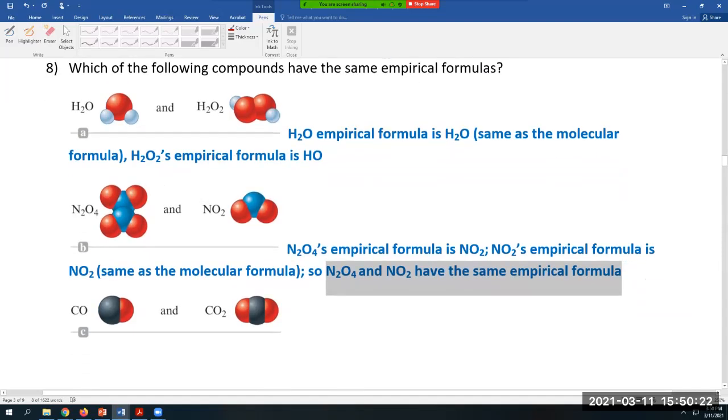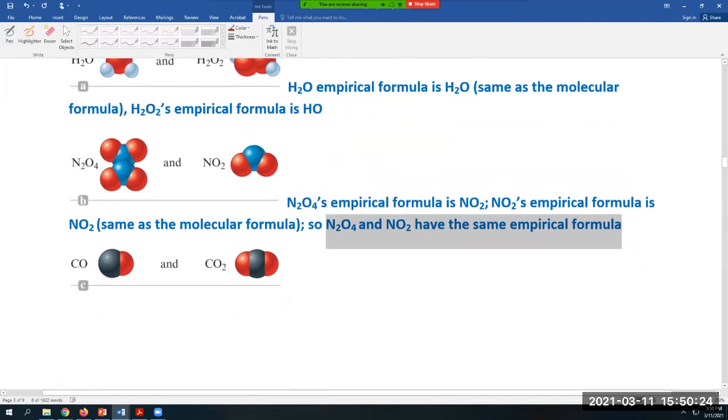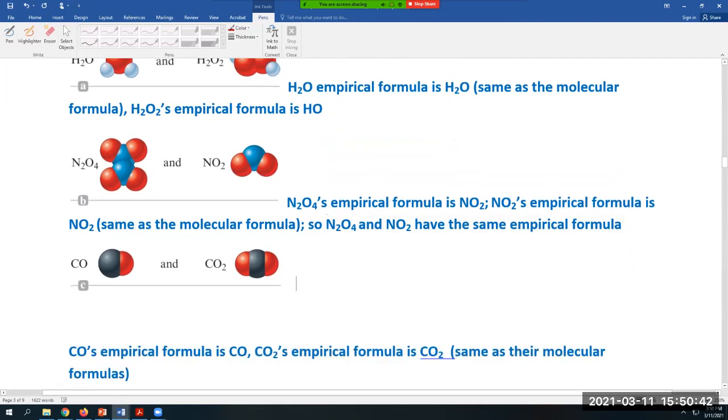Let's look at the next pair. We have CO and CO2. The empirical formula for CO is CO, because you cannot reduce that further, you need at least 1 atom of each. The empirical formula of CO2 is also CO2, because again, a subscript of 1 cannot be reduced further.